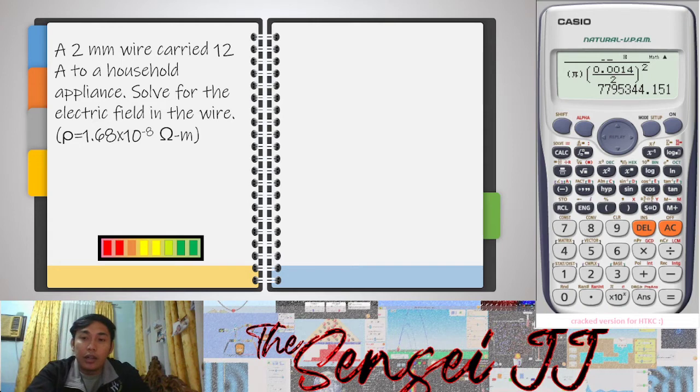In other problems, we will be looking for the resistivity, and other values will be given. But in this case, the resistivity is given and we are looking for the electric field in the wire.